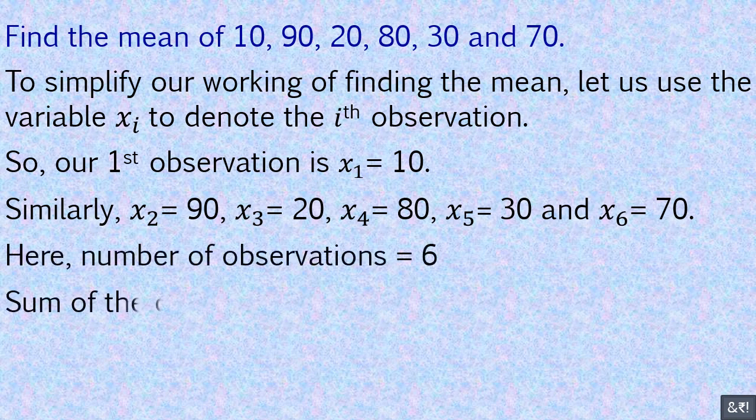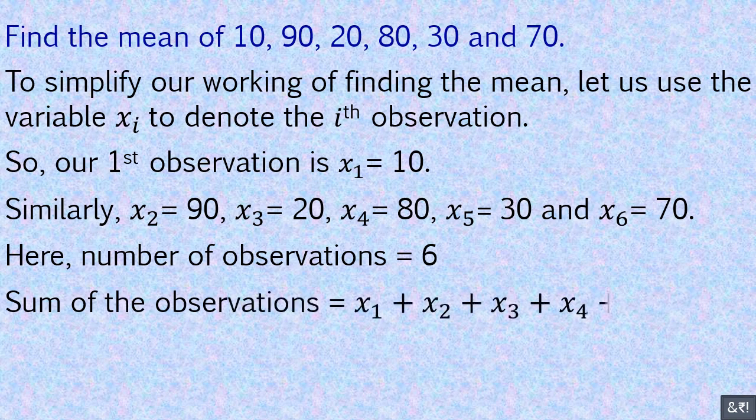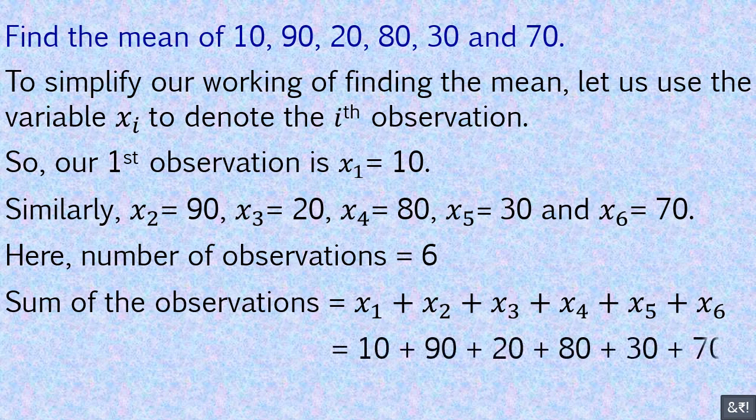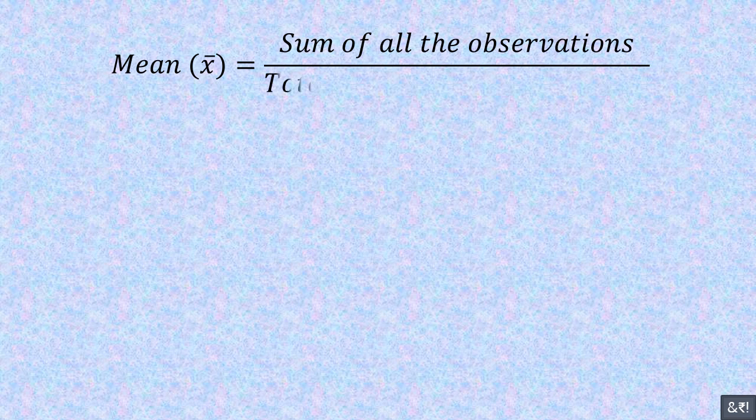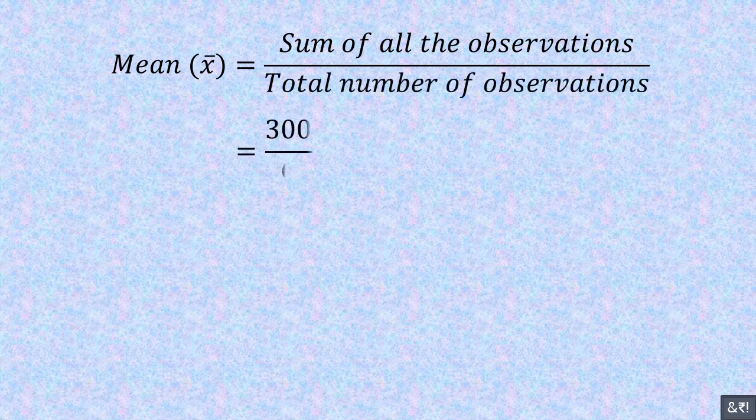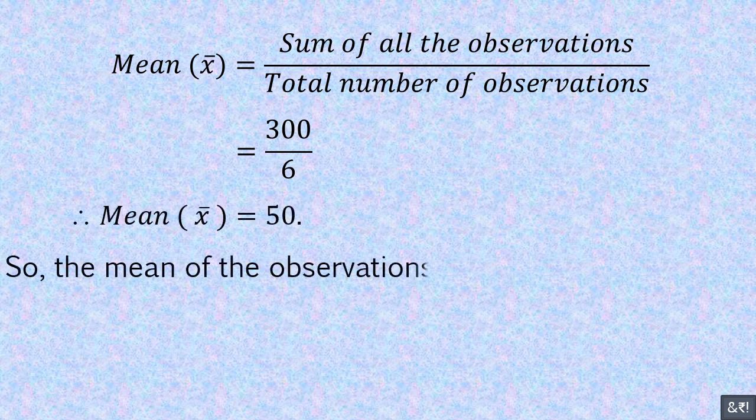Sum of the observations equals x1 plus x2 plus x3 plus x4 plus x5 plus x6, equals 10 plus 90 plus 20 plus 80 plus 30 plus 70, equals 300. Mean x bar equals sum of all the observations divided by total number of observations, equals 300 divided by 6. Therefore mean x bar equals 50. So, the mean of the observations is 50.